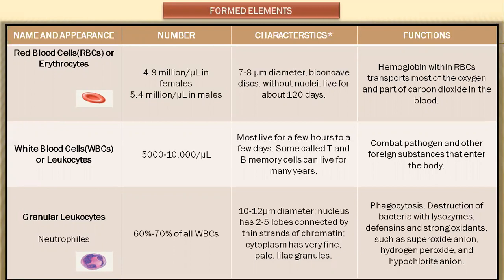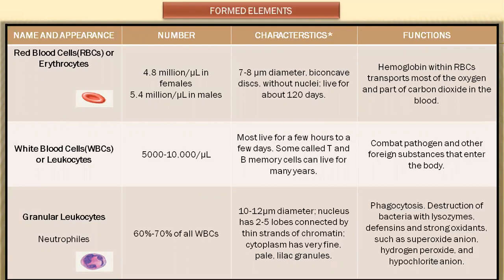White blood cells, so we have different types of white blood cells, starting with granular cells. These white blood cells are also called leukocytes in general. In terms of numbers, like we said, they are between 5,000 to 10,000 white blood cells per microliter.